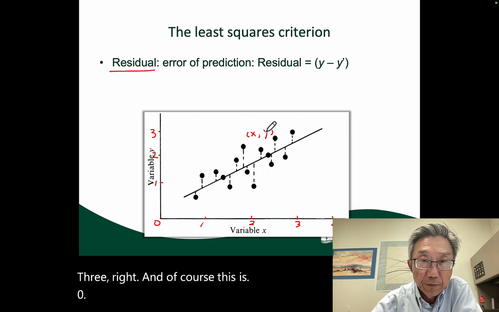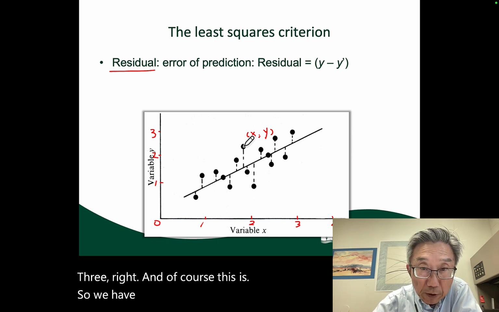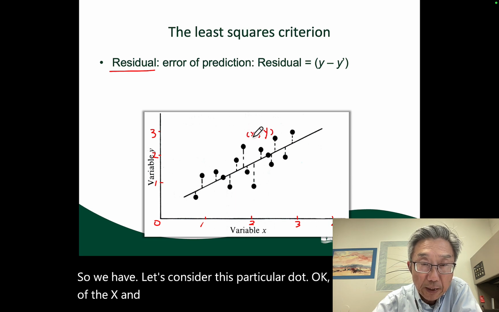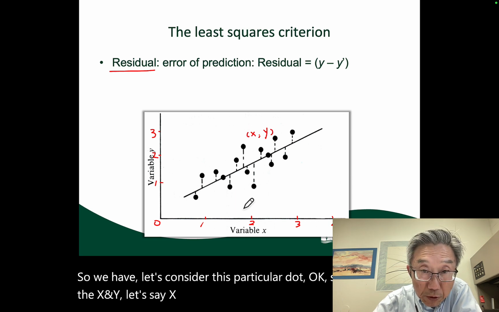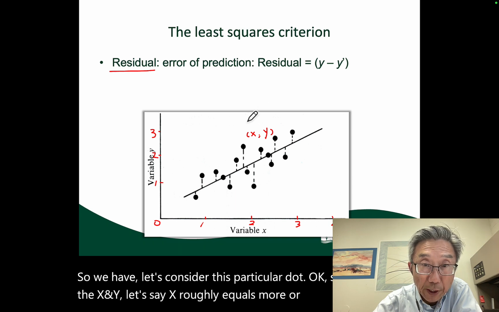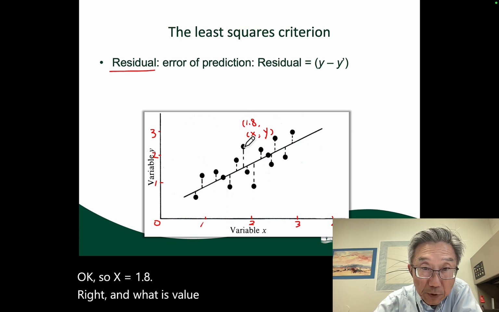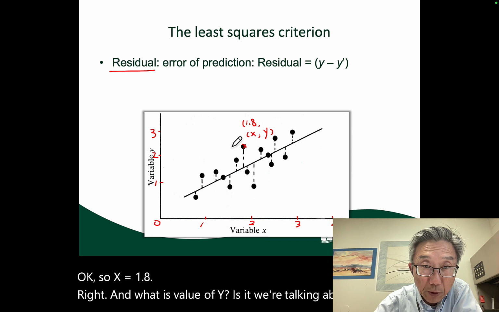So let's consider this particular dot. Okay, so the position of the x and the y, let's say x roughly equals, more or less, 1.8. Okay, so x equals 1.8. Right? And what is the value of y? So we're talking about this dot, right? So what is the value of y?